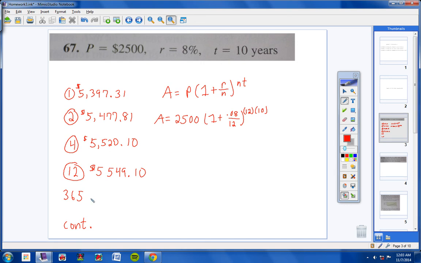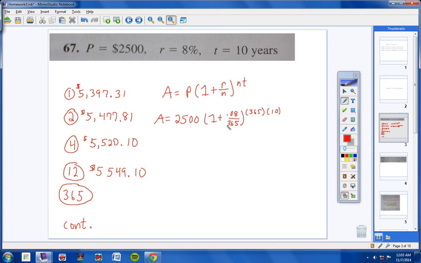Again. Okay, now we're going to say that the interest is being found every day. In other words, 365 days in a year. So now all that's going to happen is your n is going to become a 365. So let's get a little more space here. There we go. And we'll put 365 right here, and right here we'll put 365 and then a 10.